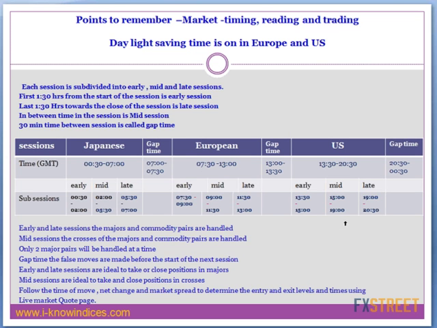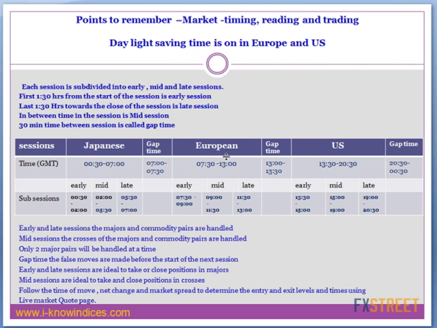So for another 1 week, we will follow this timing. And later on, from 26th October, you will find the daylight saving system will be switched off. That is Sunday, 26th, in Europe and UK. And afterwards, from 27th, we will follow slightly varied market timings.